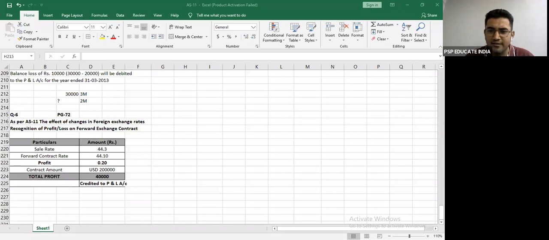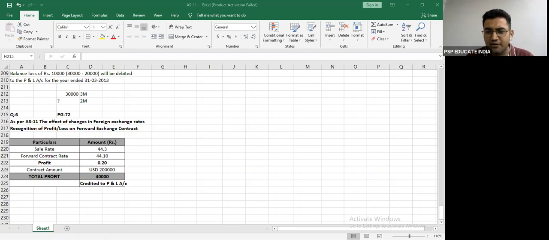Okay, perfect. After this, let's go to another doubt which says, question 6 enters in forward contract to sell at a fixed rate decided on forward contract rate. No, in question number 6, we are buying at the forward contract rate and we are selling at the market selling rate.